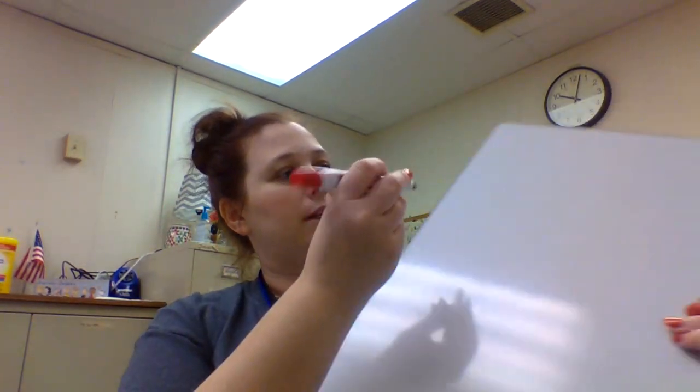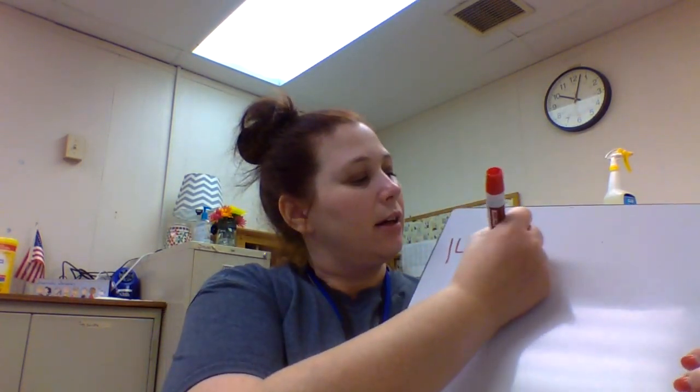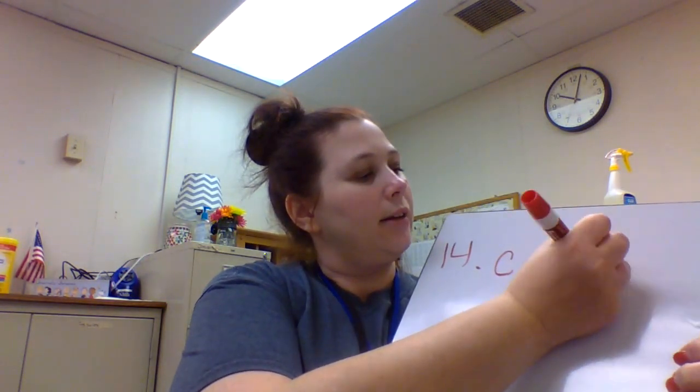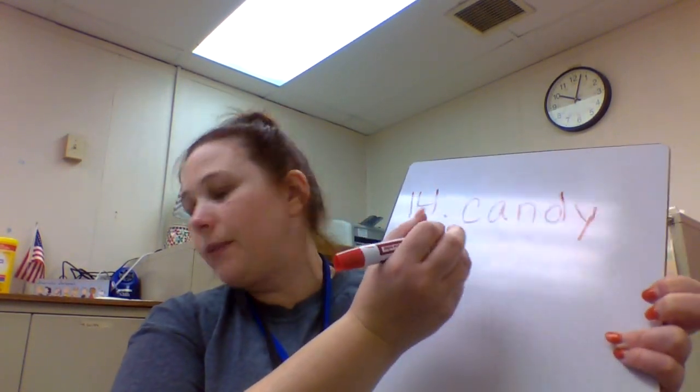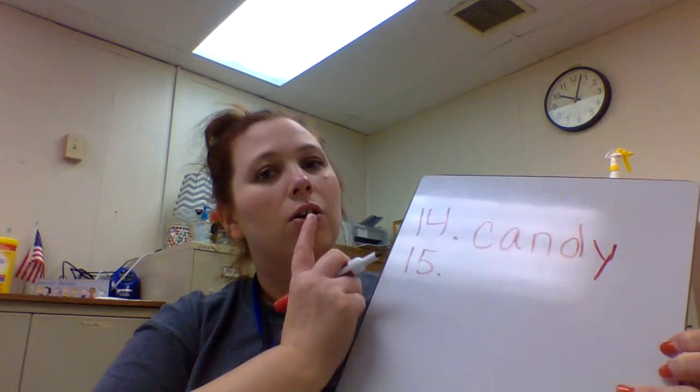Let's practice spelling a few words with that E sound. Number 14. Let's spell candy. K-A-N-D. Candy. Number 15. Rusty.